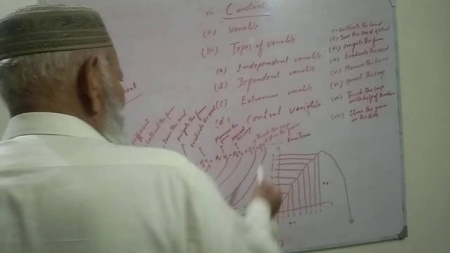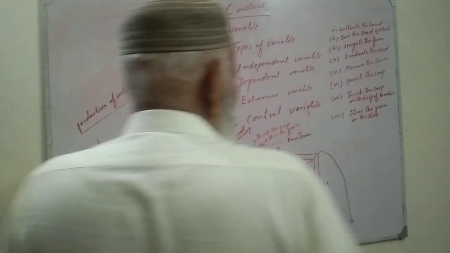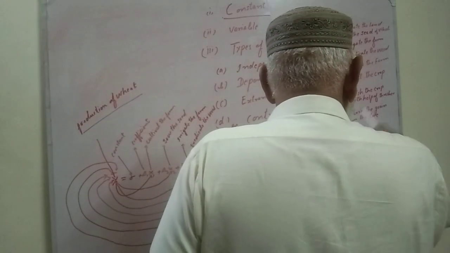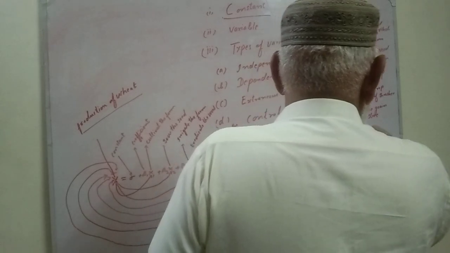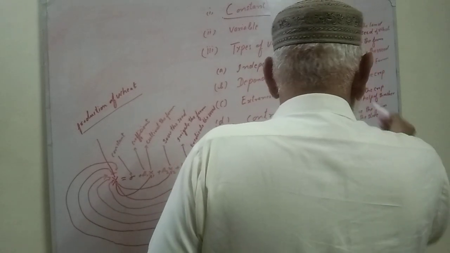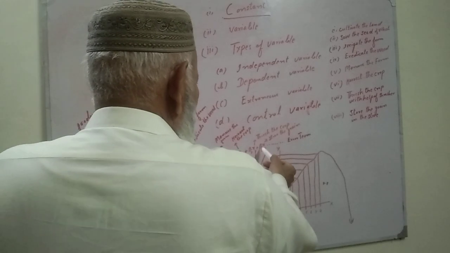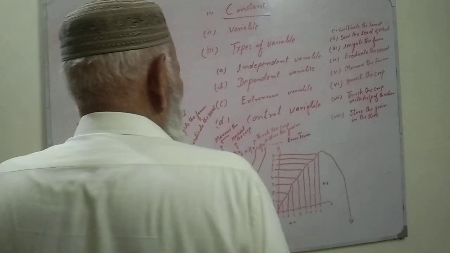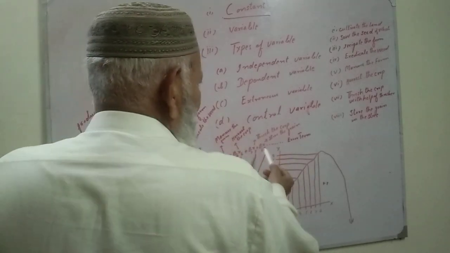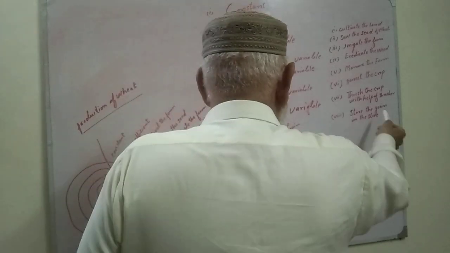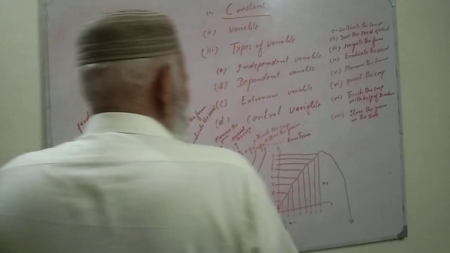For example, if there is x8, x8 is storing the grain in the store. Here we see this is the coefficient and this is x8. When we give a good store, automatically what happens?